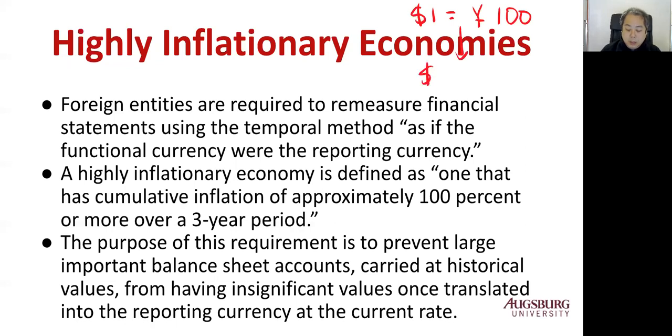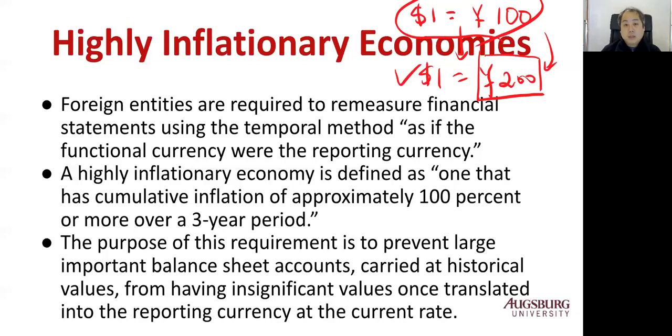If 100 becomes 200 yen because of inflation, then the yen value declines, right? Then you acquired some land last year. You simply have the value less, because of inflation, if you use the current rate. And this value is not right.